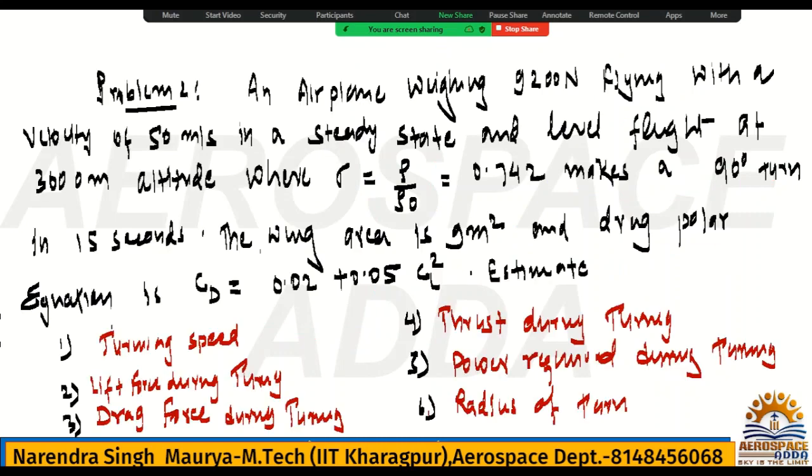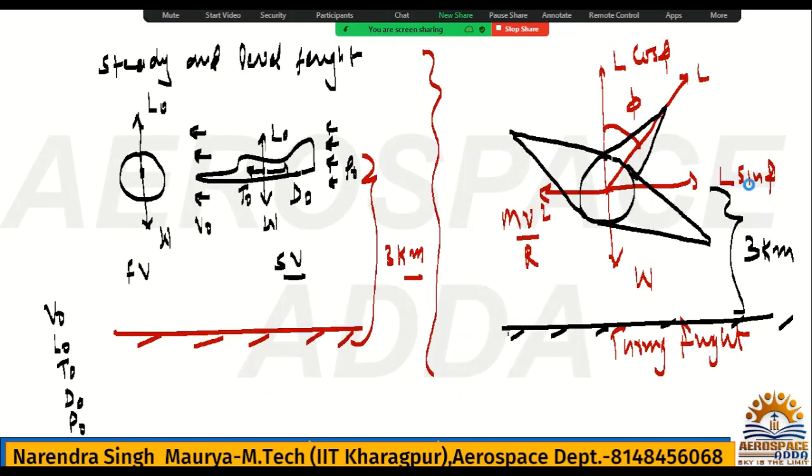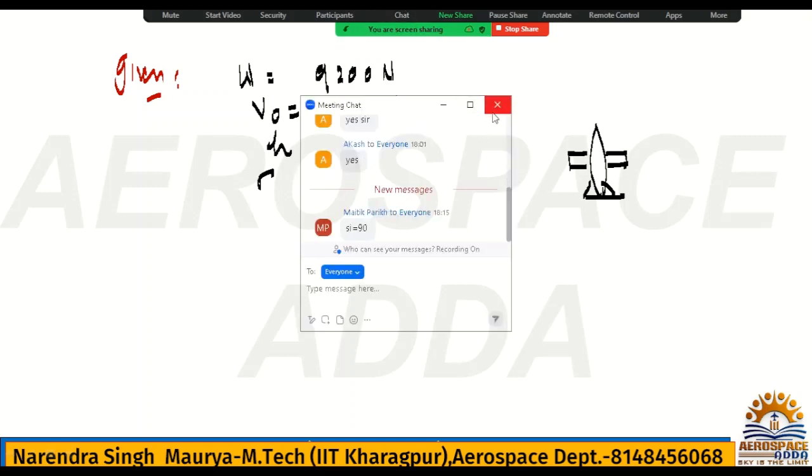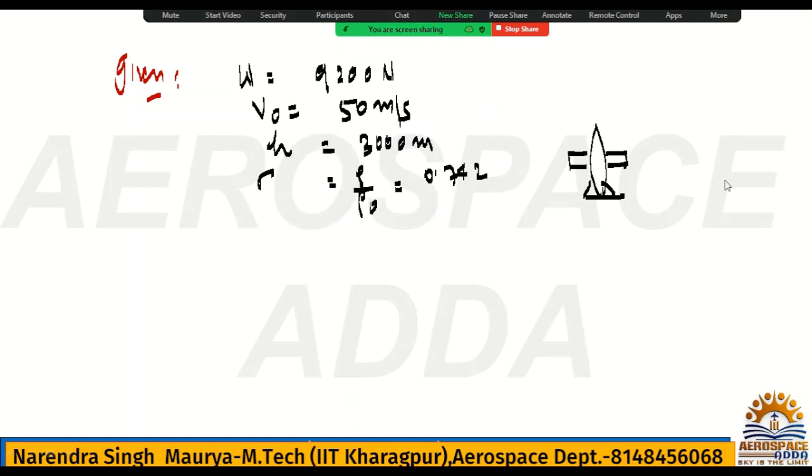Makes a 90-degree turn. What is the meaning of it? So simple. If I draw another diagram for this, so you will understand easily. See, this is the aircraft now. Yes, it is psi value, correct. So now this aircraft is going to turn. So it is turned by 90 degrees, means earlier it was going like this.